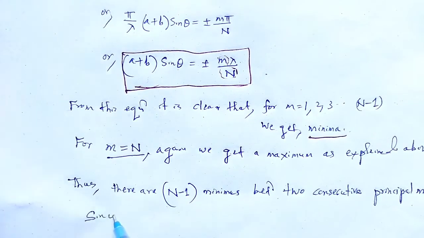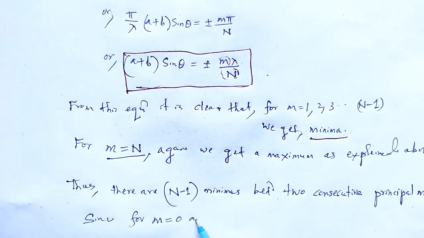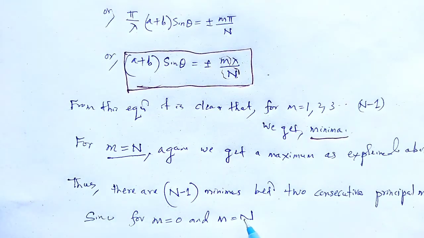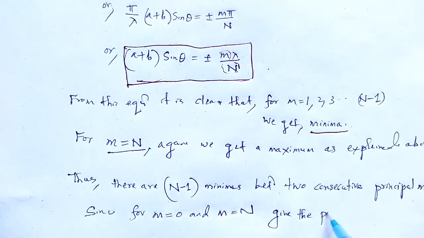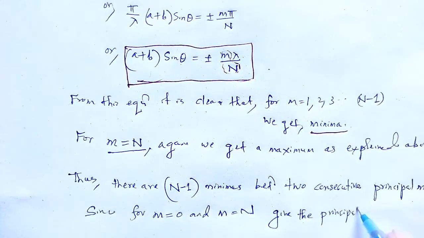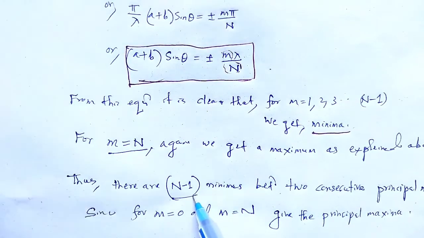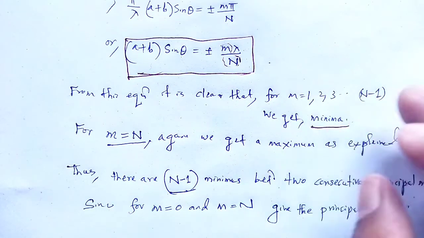Since for small m equal to 0 and m equal to n, these two cases give the principal maxima, therefore, n minus 1 minimas are obtained in between two consecutive maximas.